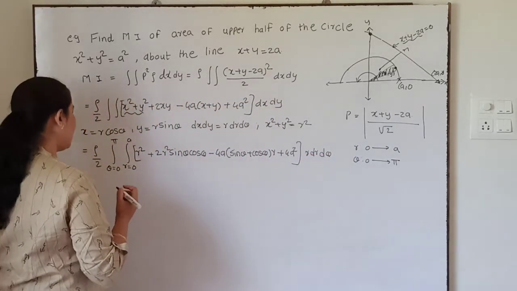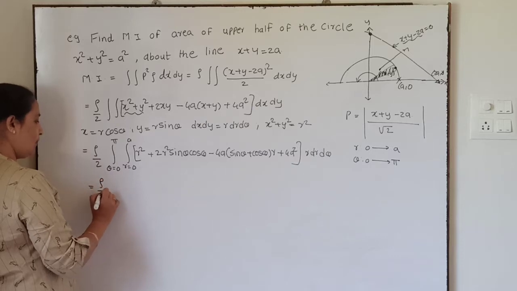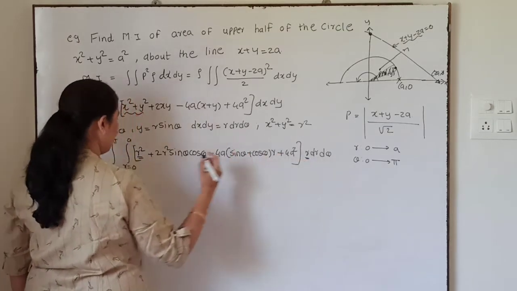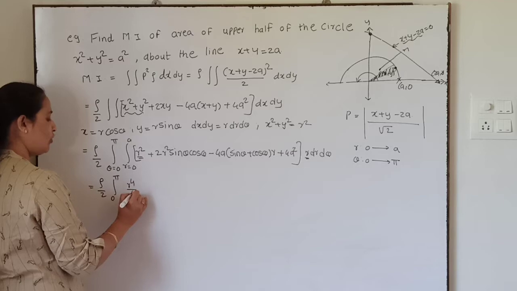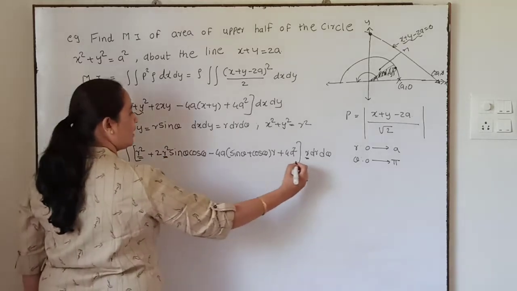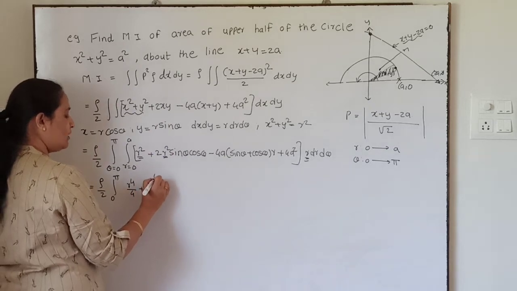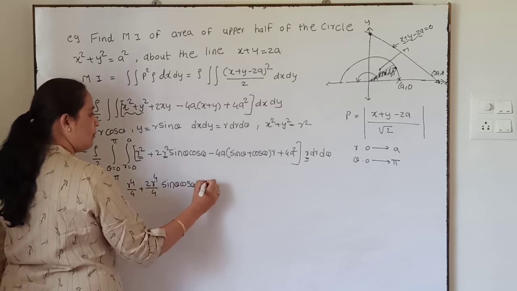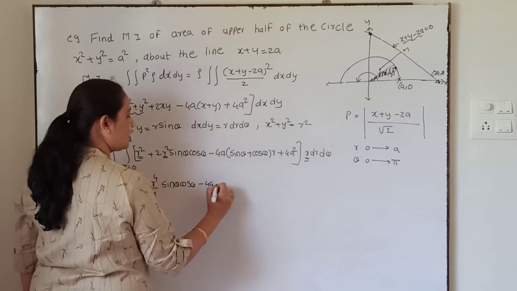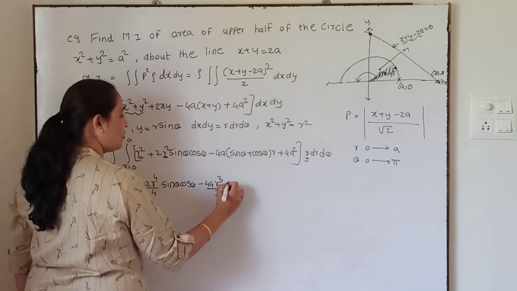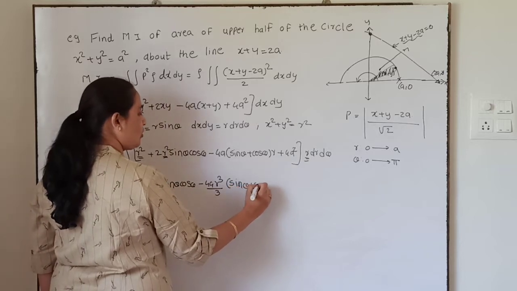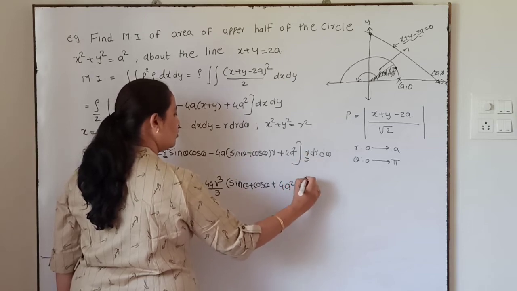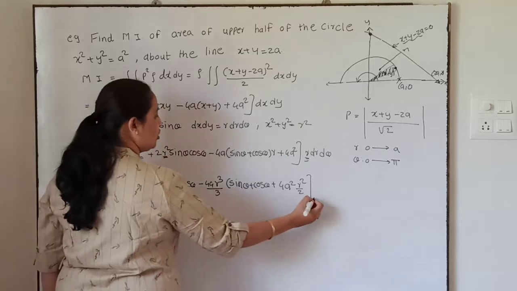Now we take this r inside the bracket and integrate. Rho by 2, integration from 0 to pi: r square into r is r cube, the integral of r cube is r raised to 4 upon 4, plus 2 r raised to 4 upon 4 sin theta cos theta as it is, minus 4a, r into r is r square, the integral of r square is r cube upon 3, into sin theta plus cos theta, plus 4a square, the integral of r is r square upon 2, limits from 0 to a.